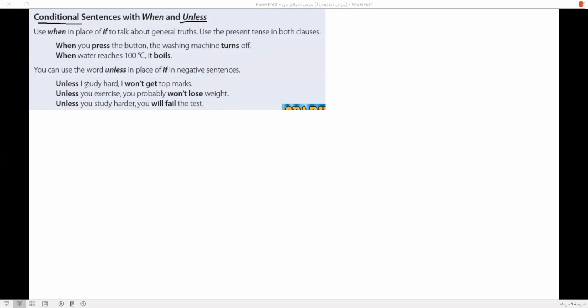In unless, طبعا جملة if اللي هي الفعل ما بعد if لازم يكون present simple. هذا اتفقنا عليه يا ثالث من قبل في القاعدة التي قبلها. جملة if أو جملة when أو جملة unless أو الفعل ما بعد unless ما بعد when ما بعد if لازم يكون present simple. جواب الشرط هو المختلف، يا إما يكون future يا إما يكون also present simple يا إما يكون may or might. طيب, I will give you a question and see yourself.